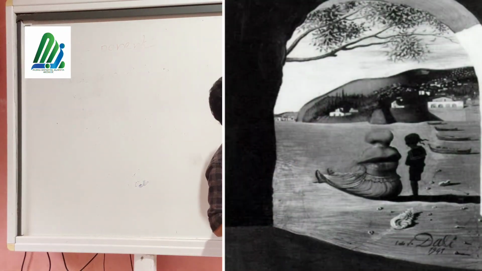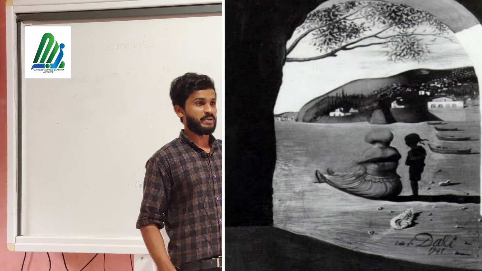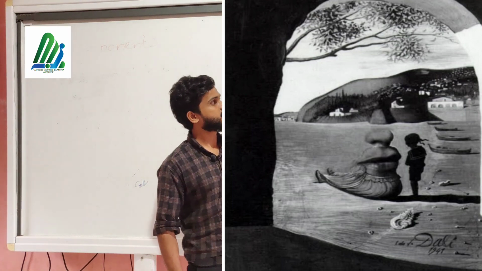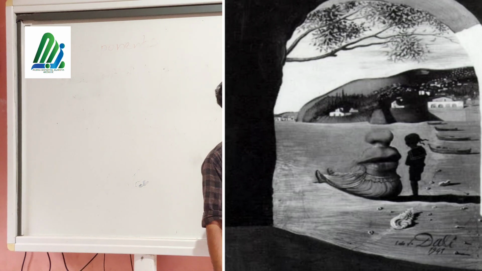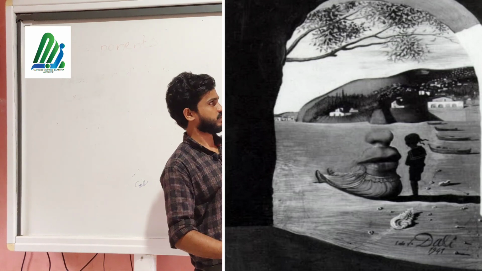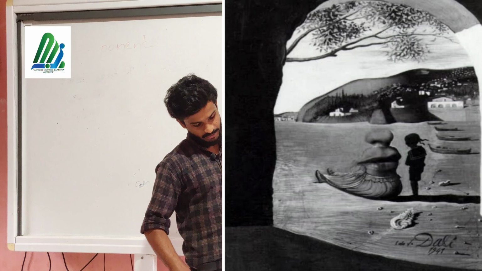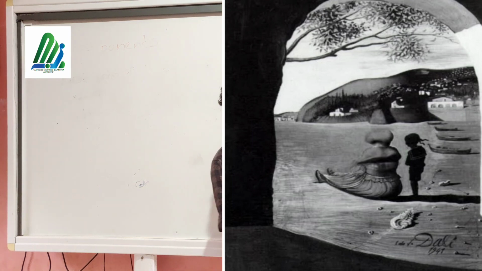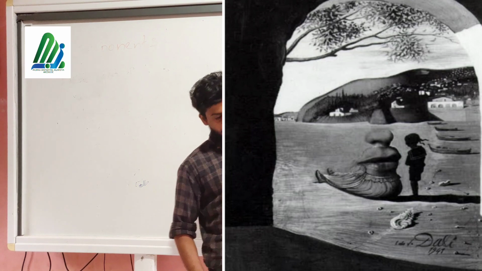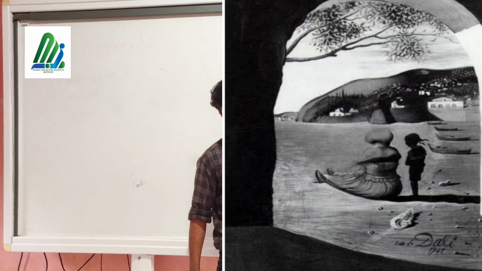Look at the board. I will show you two pictures. Watch very carefully. Okay, the first one: what do you see in that picture? In the first picture we can see an old man's head.